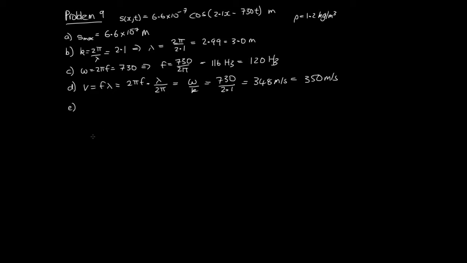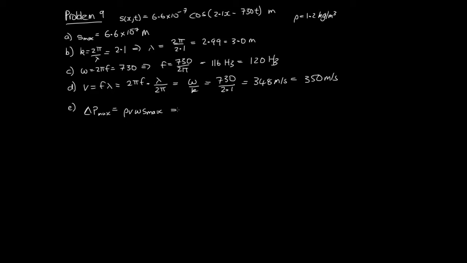Part E then says, what is the maximum change in pressure as the sound wave passes? Okay, so we know that delta P max is equal to rho v omega S max. So that's one of the equations that we were shown and presented with in the lectures. All we need to do is substitute in here. We've worked out v, we've worked out omega, and S max we've worked out.